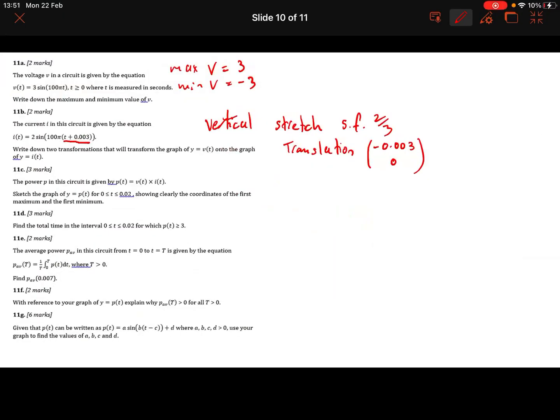Now, so we've got to sketch that graph showing clearly the first max and first minimum. So that's done. Find the total time in the interval from t is 0 to 0.02 for which the power is greater than or equal to 3. So that, again, should be nice and easy to see. Put in there as well y is equal to 3.